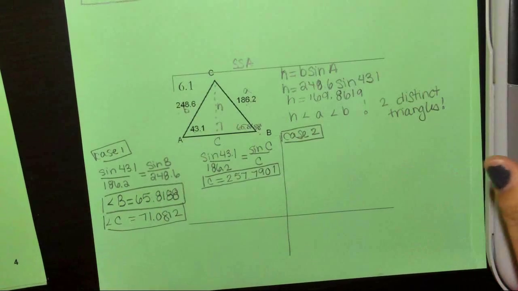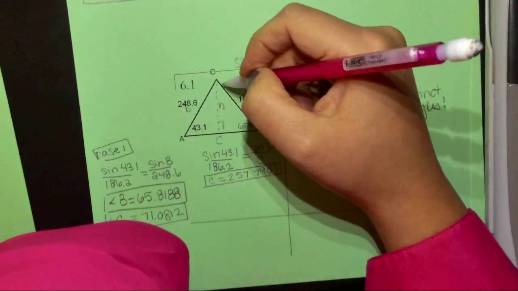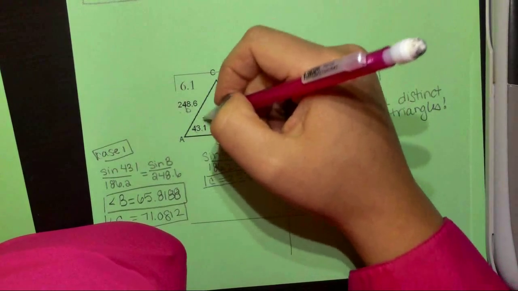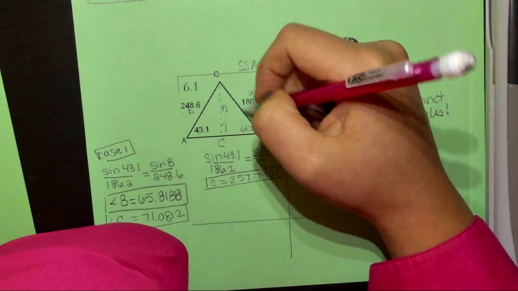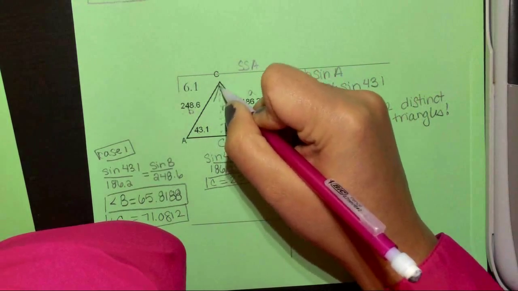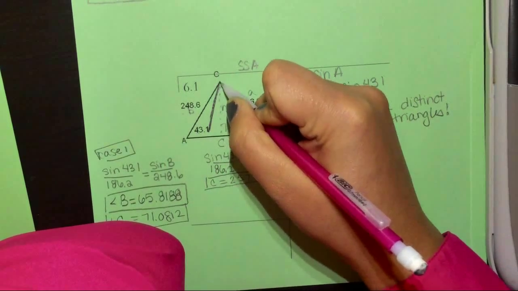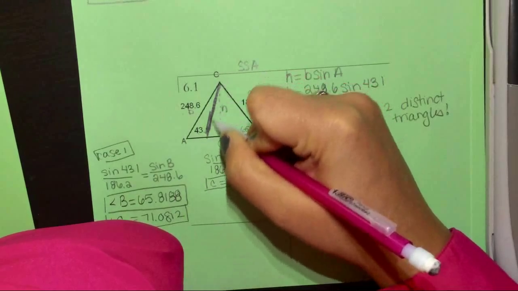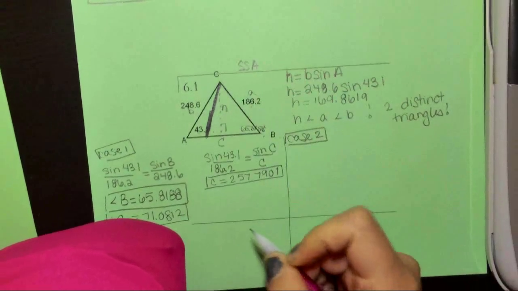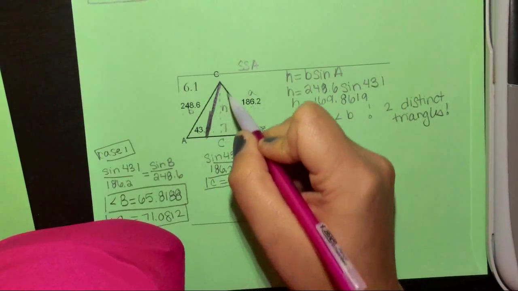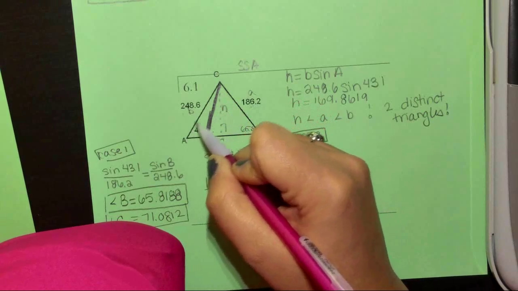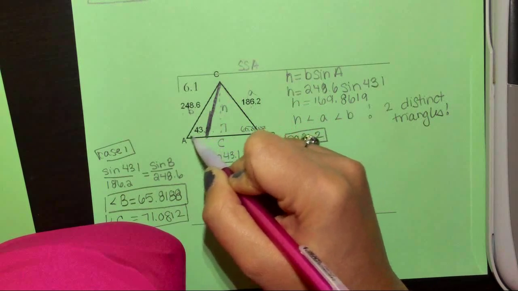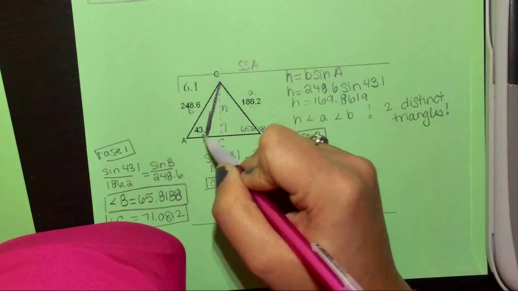Okay, moving on to case 2. So if we had our tire swing and we swung out on our rope over here, we'd eventually swing back and we would hit that horizontal again. Okay, so this is now our triangle that we are working with right here, this little teensy tiny one.